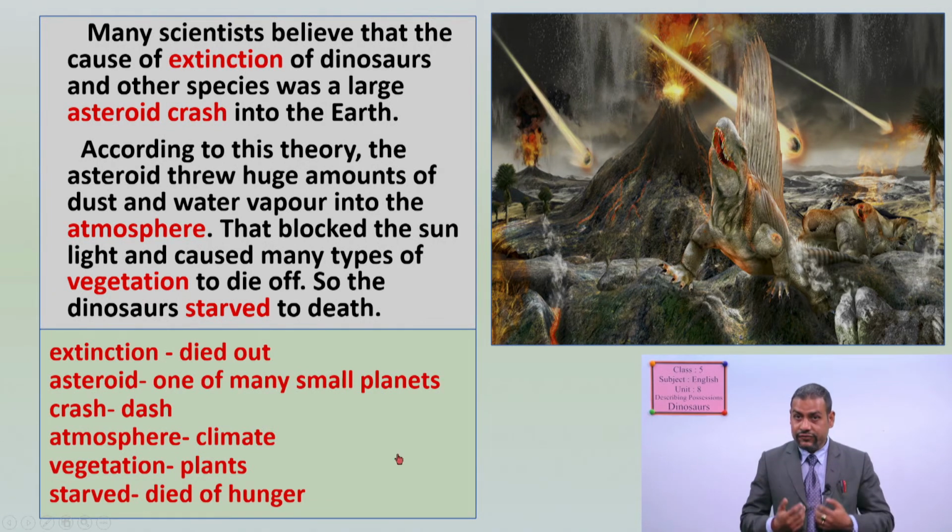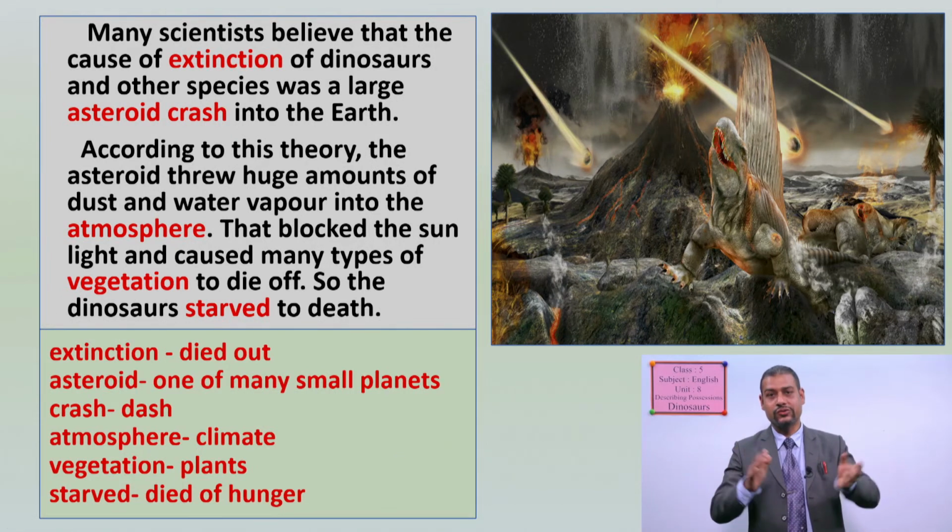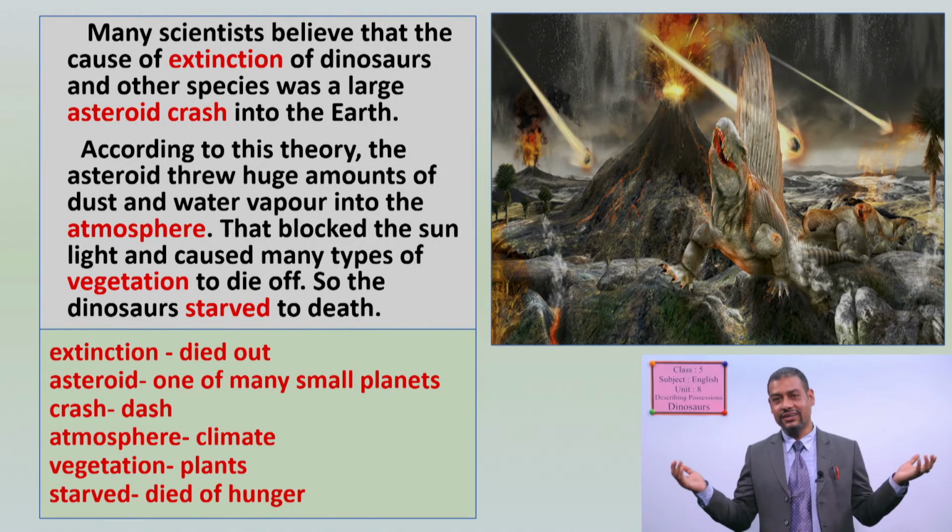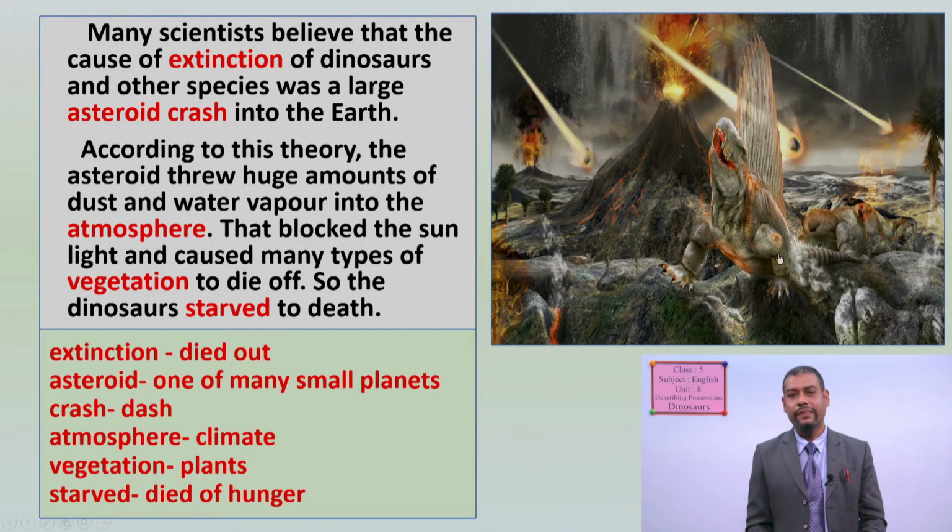If we don't get food for a long time, what would happen? Surely we would die. So the dinosaurs were also starved because the vegetation also died off, and there was water vapor and dust in the atmosphere, and the sunlight was also blocked. That's why they could not survive.